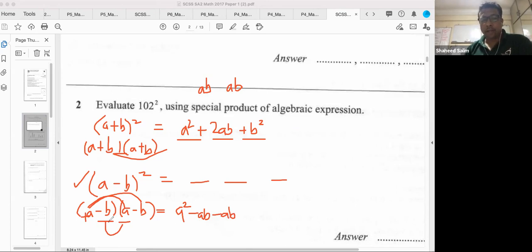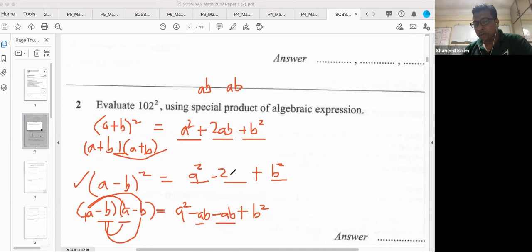Then the last one is minus B times minus B. Minus times minus will give you plus B squared. So it's actually A squared here, B squared here, and also plus. Only the center one is minus. The difference is the center becomes minus from plus.